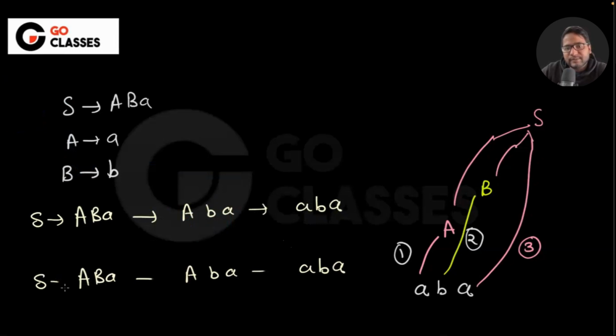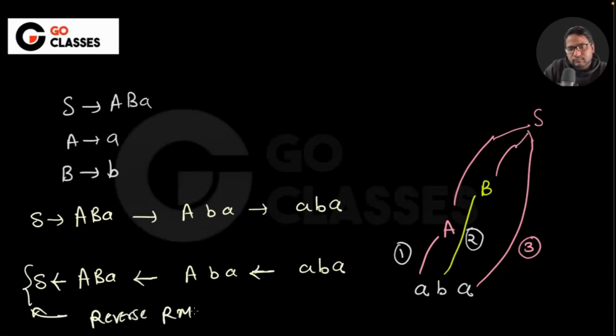See, many GATE aspirants just remember that, okay, bottom-up parser is nothing but reverse RMD. But they do not really understand how it is reverse RMD. See, this is reverse RMD. This was RMD. Isn't it the same as bottom-up parsing? Tell me.